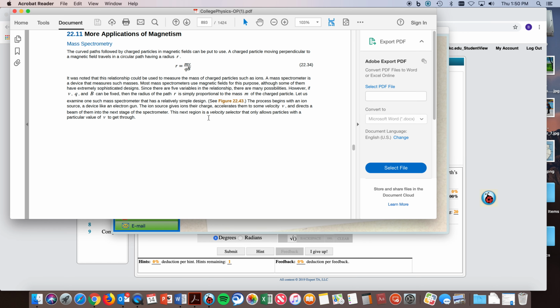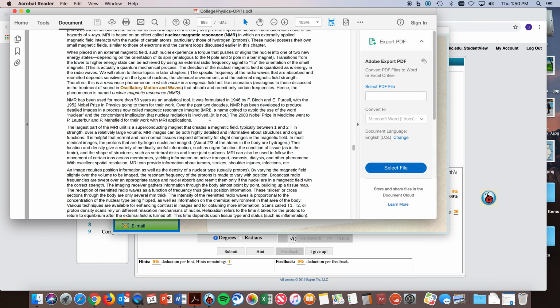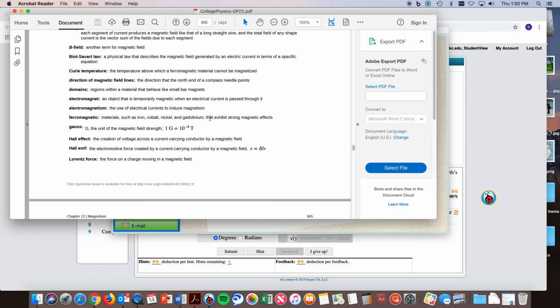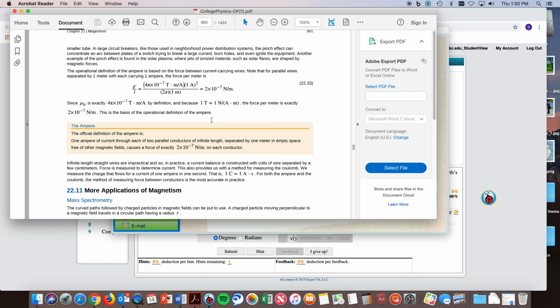I think it's more applications of magnetism, where we get into solenoids.